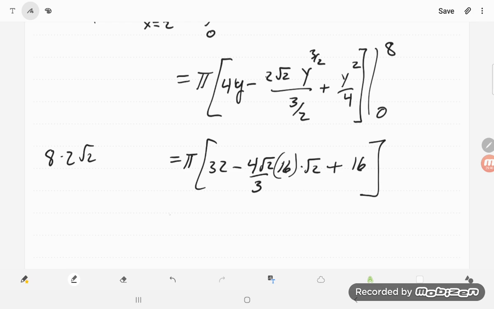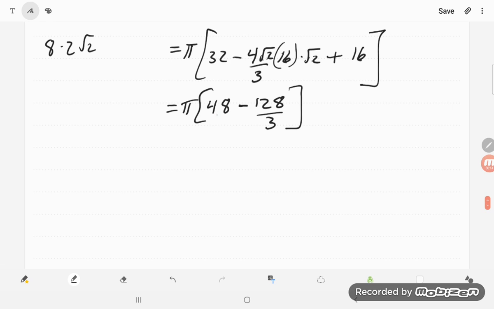I'll remember to add this time, so this is 48, and then minus, well, this is 2, square root of 2, square root of 2, so that's 2 times 4 is 8. And 8 times 16. Well, that's 64 times 2, so 128 divided by 3.